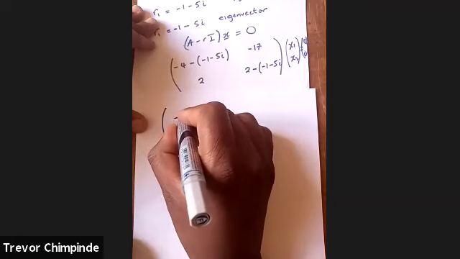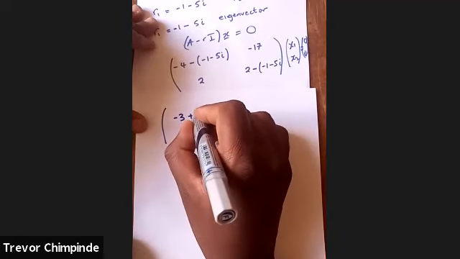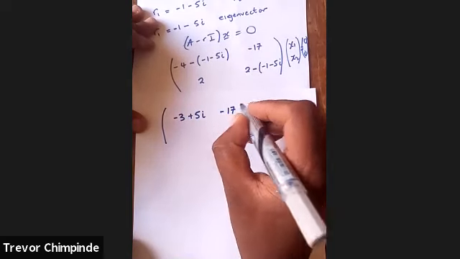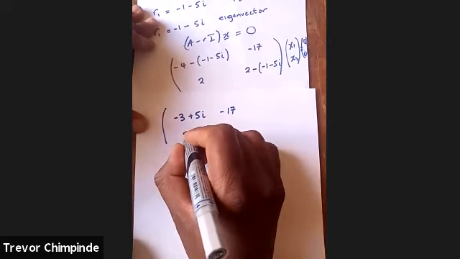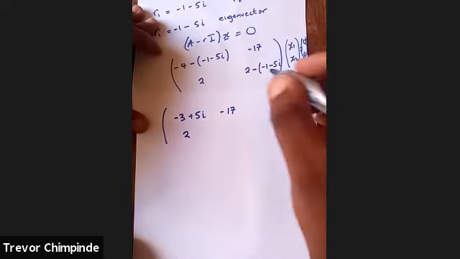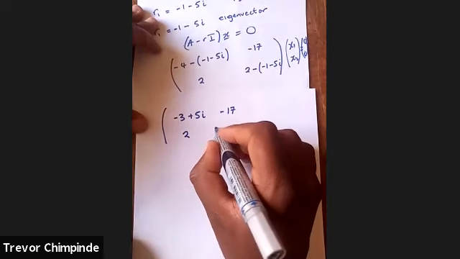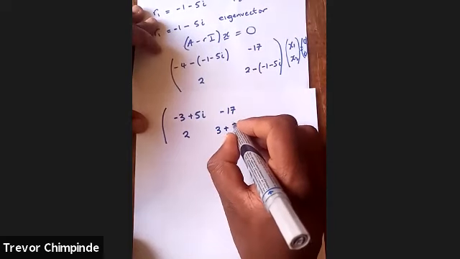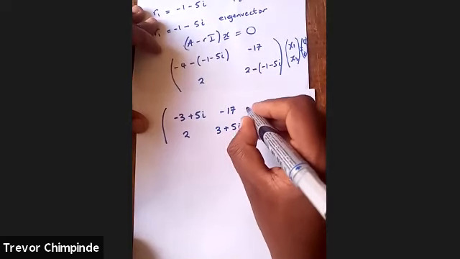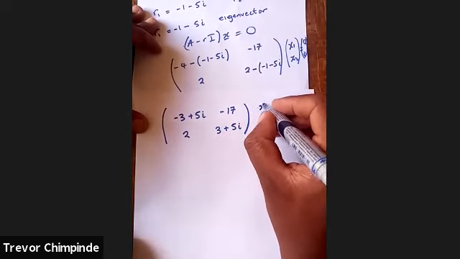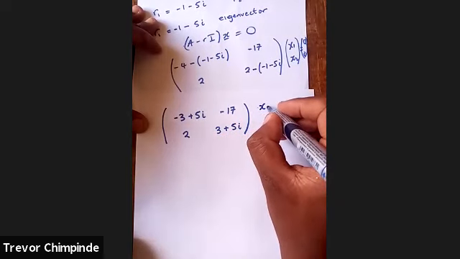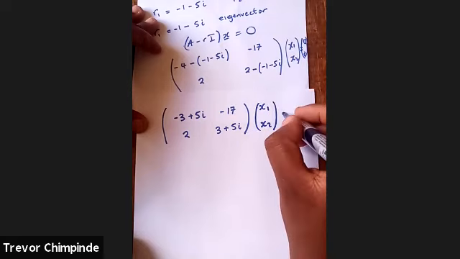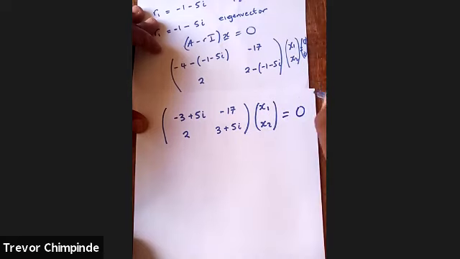So this will be minus 3, then plus 5i, and this is minus 17, then this is 2, then this is 3 plus 5i. x1, x2, equal to 0, 0.